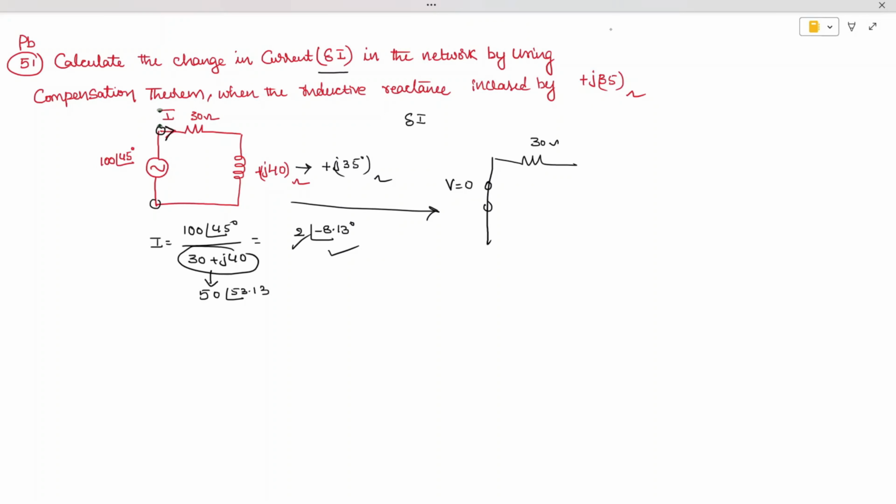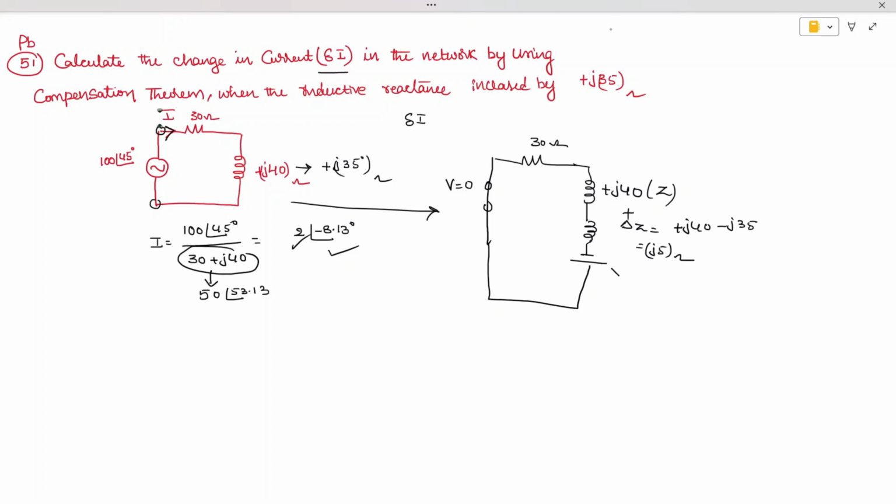This is 30 ohms and the old inductance is plus J40, and now add the original Z plus delta Z. Delta Z is original J40 minus J35, which is nothing but delta Z equal to J5 ohms.